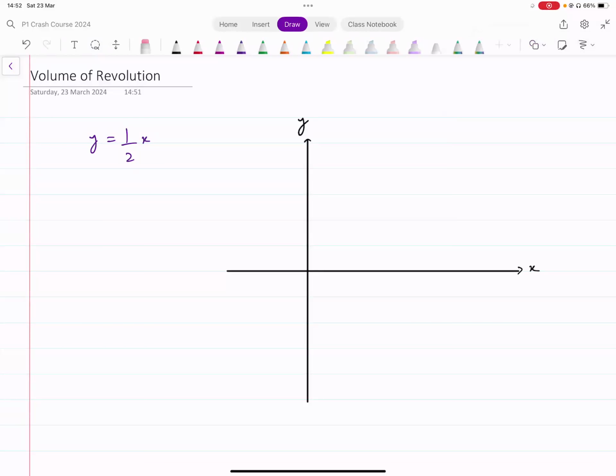What is this line going to look like? It's going to be a line that passes through the origin and goes like this, right? Assuming the gradient is 1 over 2, this is what the line might look like. Now let's say this point is 0, and this point, let's say, is x equals 6 maybe.